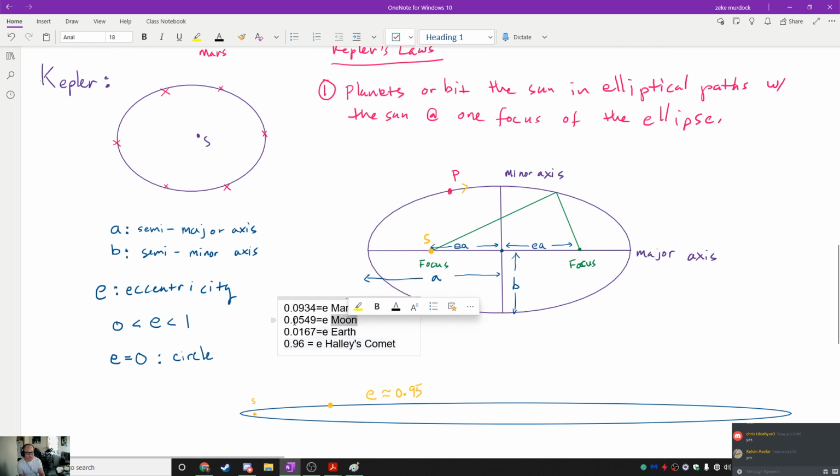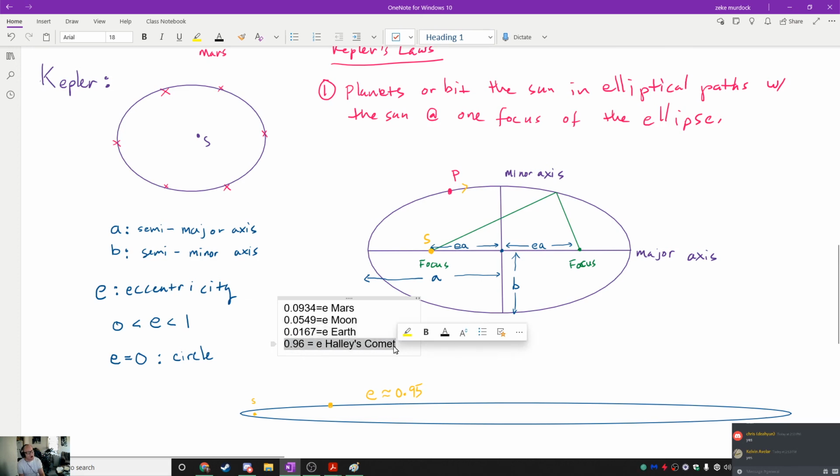And the Moon is the thing we have the most experience with because we see it every single day, and it's pretty close to being a circular motion. And the Earth, which means what Ptolemy would have observed as the motion of the Sun, is also very close to being circular. But when you start to look at things like comets, you realize that, wow, this isn't even close to a circle, right?